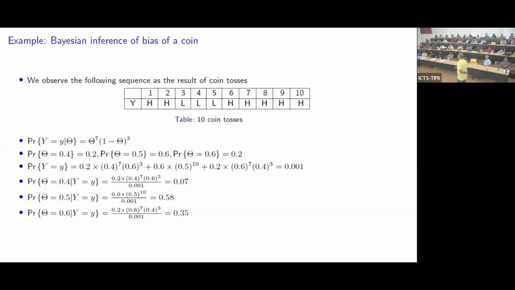It's like a normalization factor. Otherwise, these things won't add up to 1. This is again a probability, so these probabilities should add up to 1. So the probability of y equal to y is a normalization factor which does that. But there are methods to do it on a computer via simulations and things like that, and when you do that, you don't really need to compute this. There are ways to do it without computing the normalization.